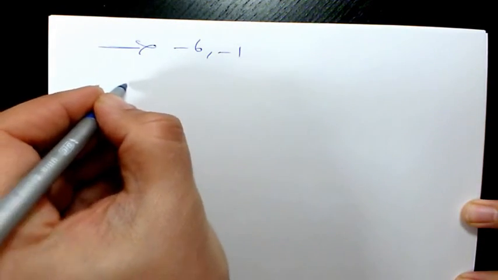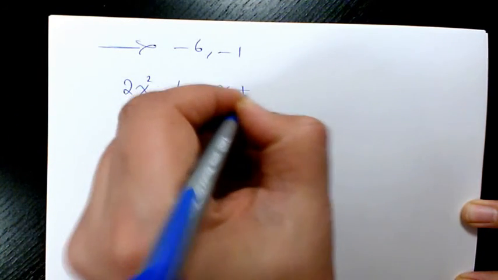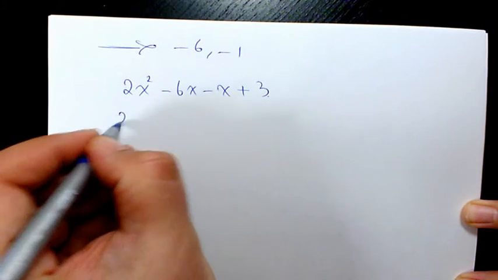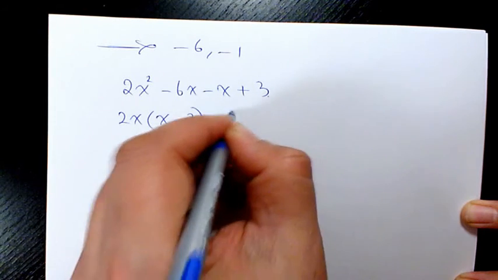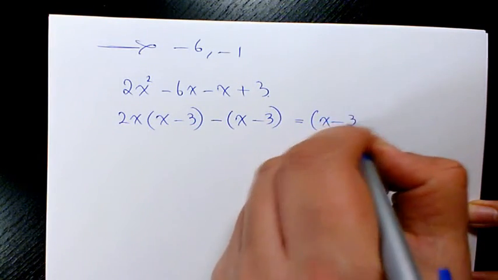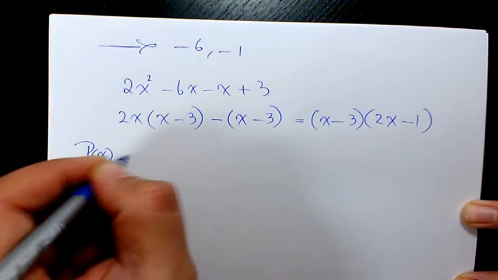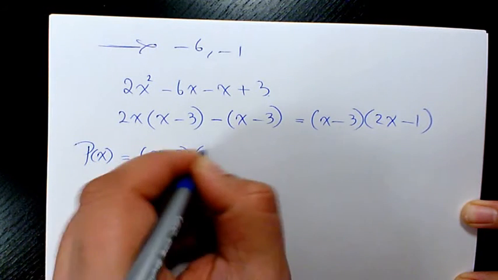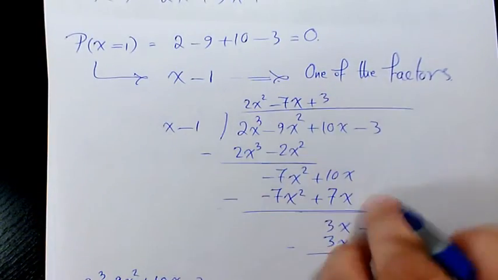So you rearrange it, you write 2x squared minus 6x minus x plus 3. You factor 2x out and get x minus 3, and here you factor negative 1 out and get x minus 3. So that's going to be x minus 3 times 2x minus 1. So the factored form of p of x is going to be x minus 3 times 2x minus 1 times, we had originally, x minus 1 in here.